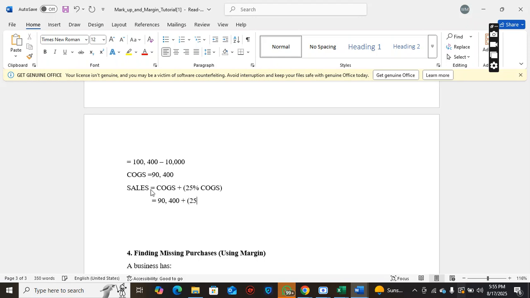So what is 25% of 90,400? 22,000. Okay. Always remember, colleagues, markup is the amount that is added to the cost price to get the selling price. And 90,400 plus 22,600 is 113,000.